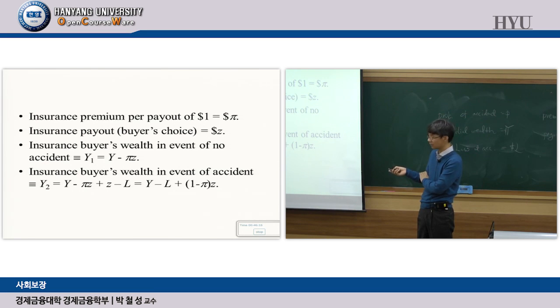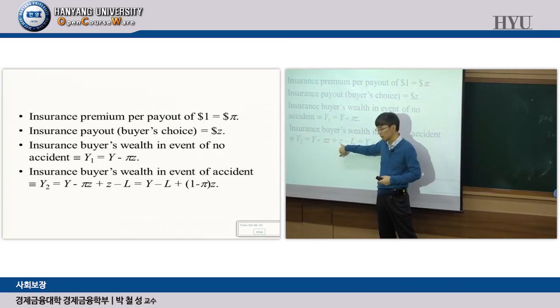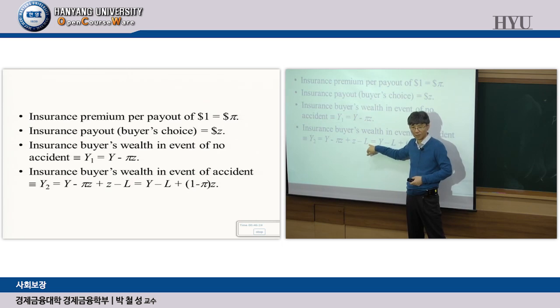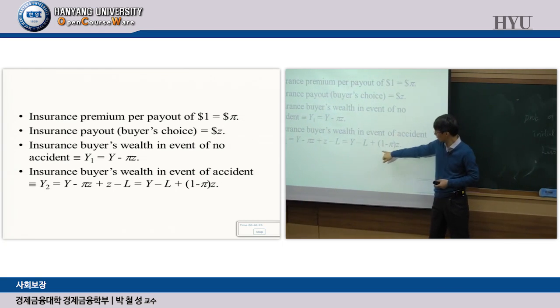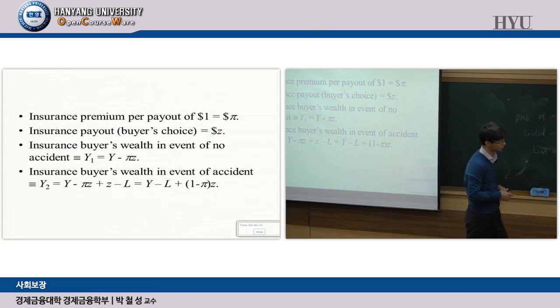It's Y minus pi Z, plus you get the payout Z, but you have a loss of L. So adding them up, Y2 is Y minus L plus (1 minus pi) Z. Get it?